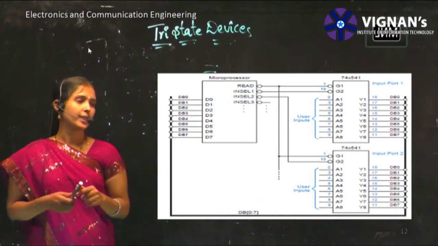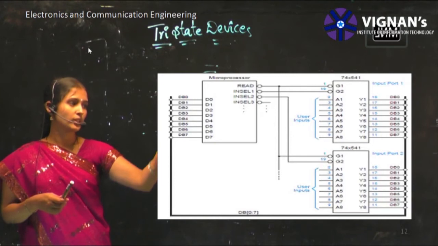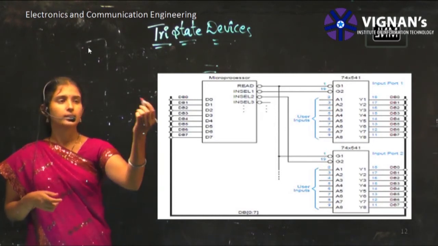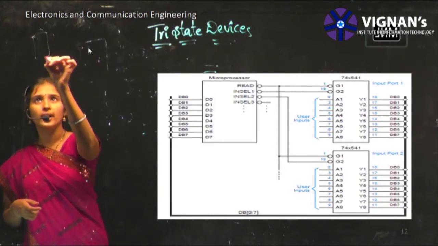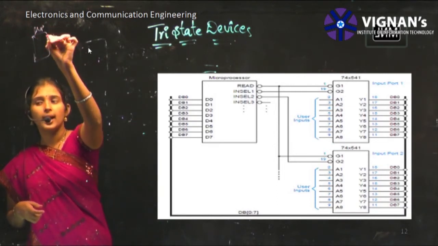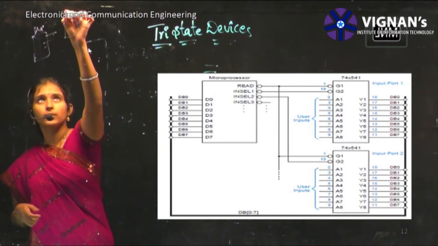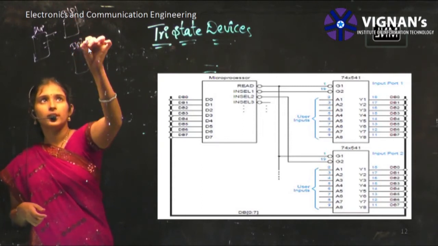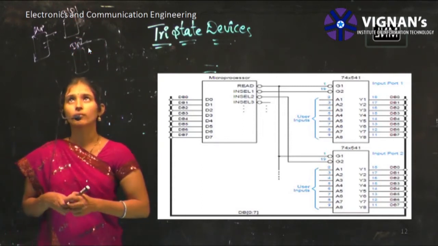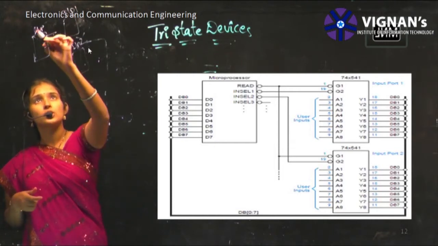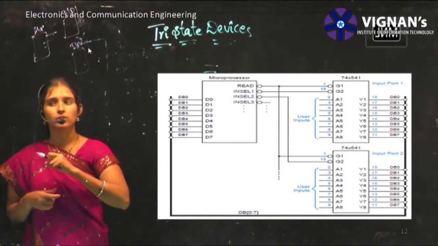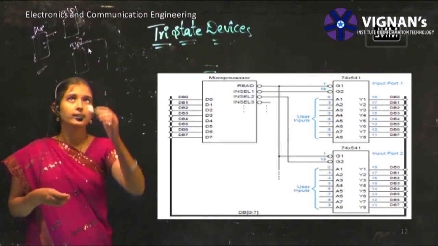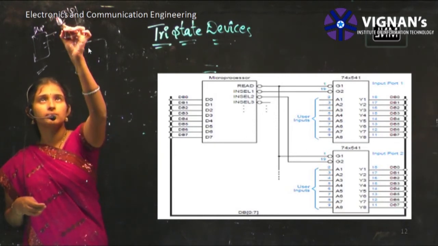From the circuit diagram, you can see that the microprocessor is driving some input peripherals, peripheral A and peripheral B. The microprocessor is accessing input port 1 and input port 2. That means the microprocessor has to read the data from the input ports. So first you have to enable it.